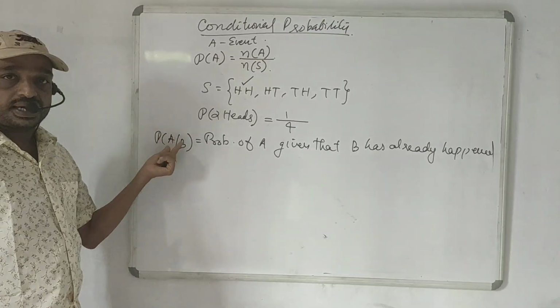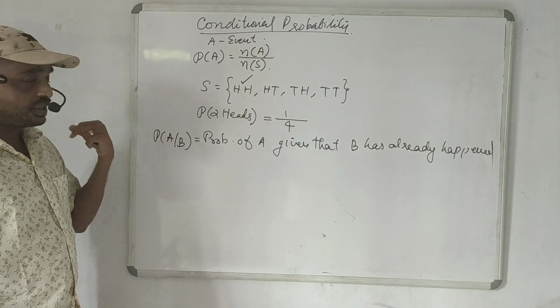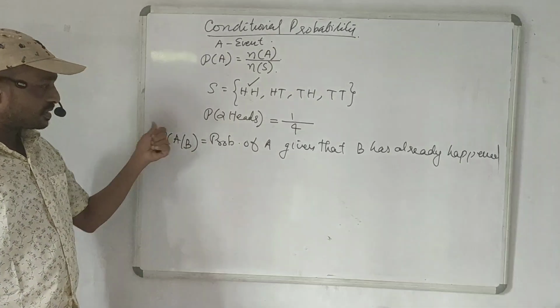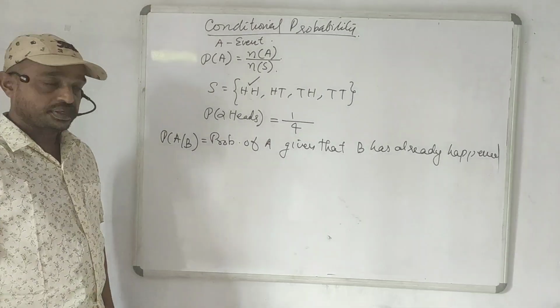That means if the event B has already happened, what is the probability of the event A happening? So here we are given a condition. That is why this is called the conditional probability of A.